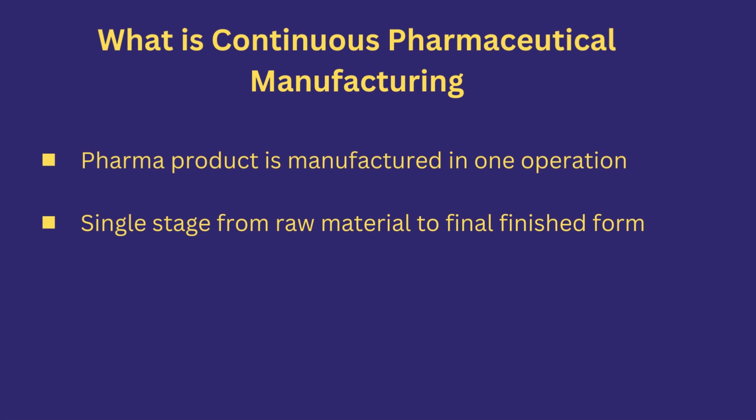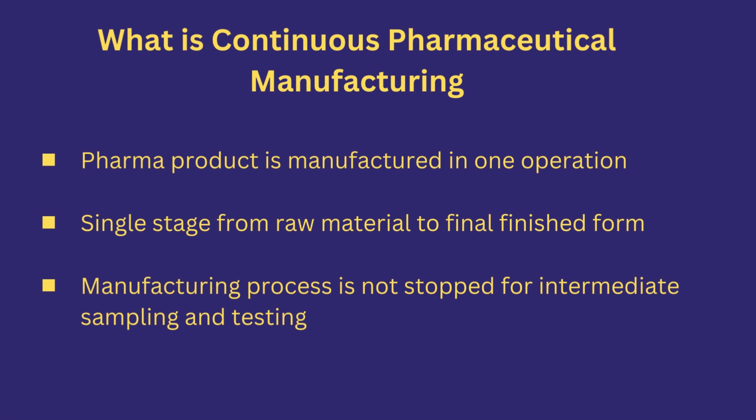It eliminates all the intermediate stages such as product sampling, testing, holding, and transferring from one piece of equipment or location to another. The manufacturing process is not stopped for sampling and testing purposes. Instead, all these monitoring procedures are performed online without halting or stopping the process.